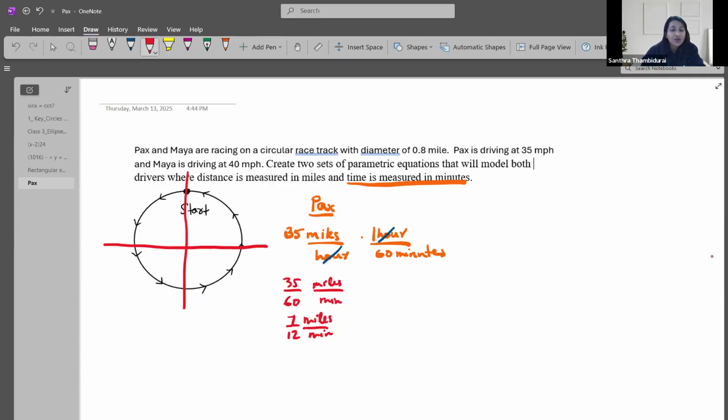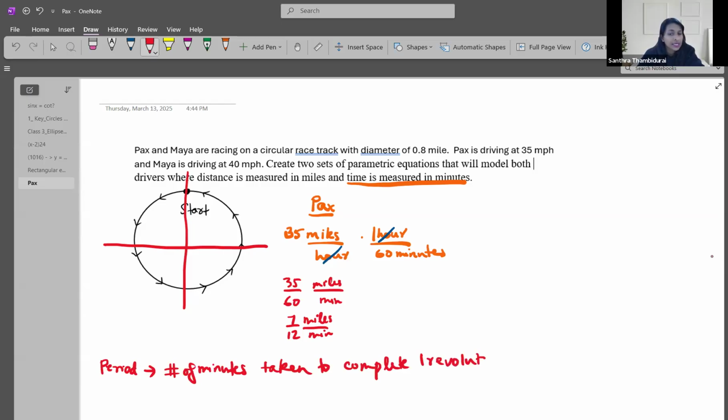So let's talk about how to find the period. Because we're talking about distance measured in miles and time in minutes, a period is the number of minutes it will take to complete one revolution. And in this case, one revolution is the miles covered in the circumference.